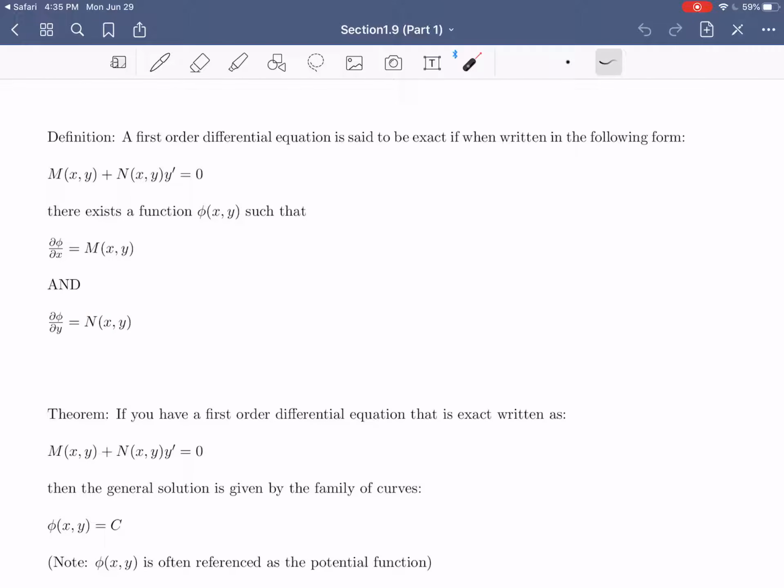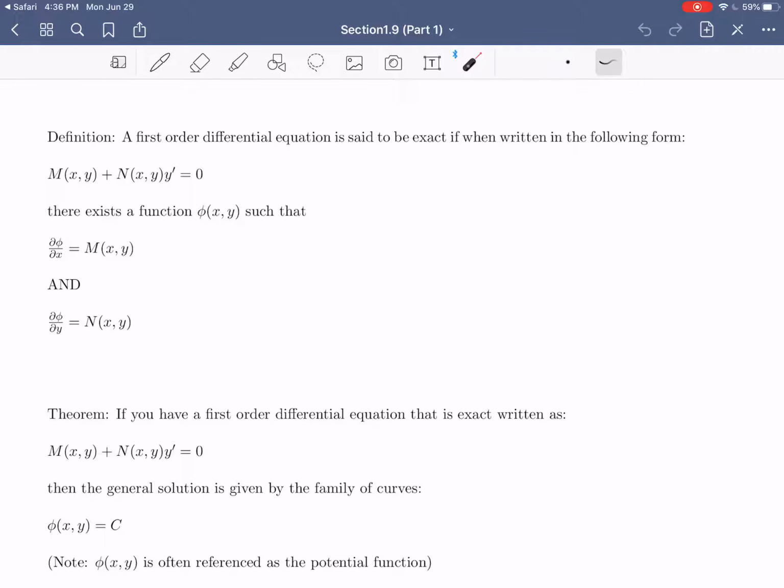So in other words, exact has two restrictions. One is you have to actually have the differential equation in this format, and then there has to exist this potential function phi so that the partial with respect to x is equivalent to this piece and the partial with respect to y is equivalent to this piece. Okay, so this is what it means to be an exact first-order differential equation.